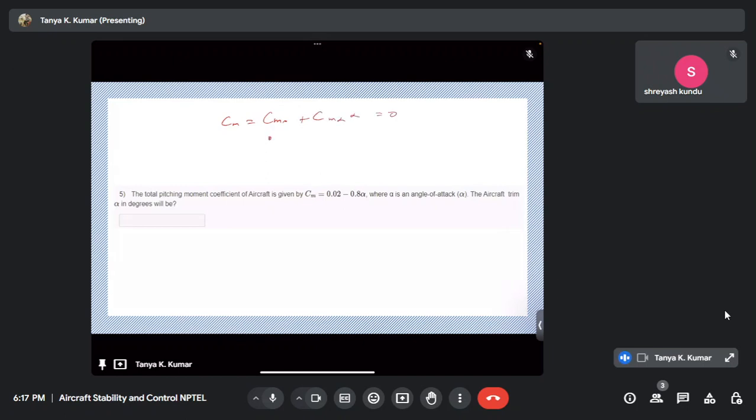That is 0.02 minus 0.8 into alpha trim equals 0, and so alpha trim will be 0.02 by 0.8, which comes to 0.025 radians. They've asked you in degrees, so convert it and you'll get 1.43 degrees. That's the answer.